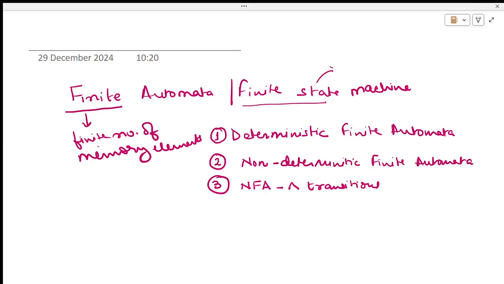Memory elements are nothing else but states. Now we'll be discussing what is deterministic finite automata, what is non-deterministic finite automata, and non-deterministic finite automata with null transitions. First of all, starting with the deterministic finite automata.